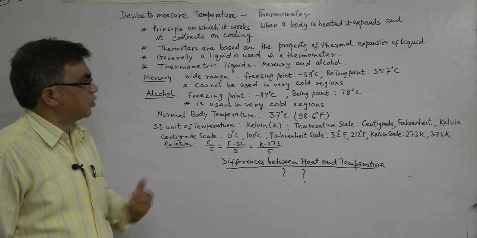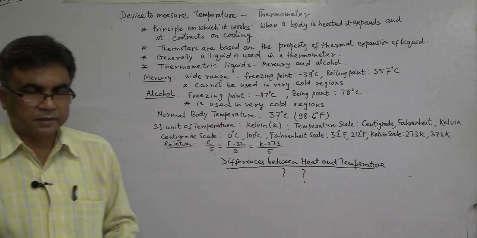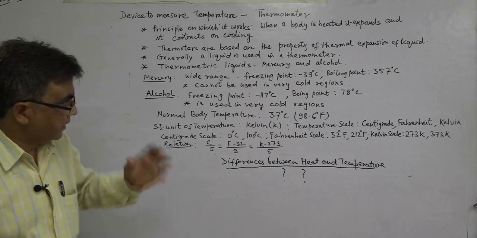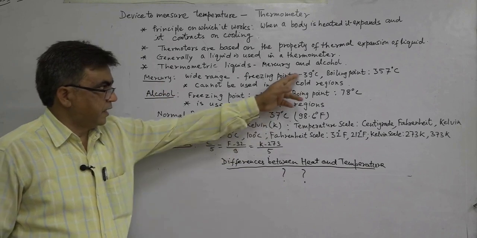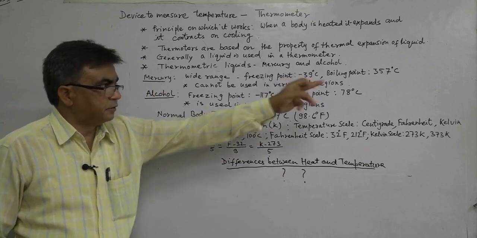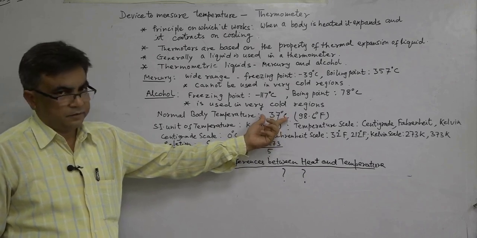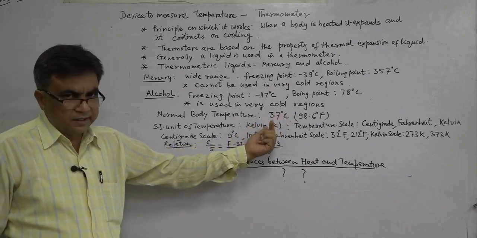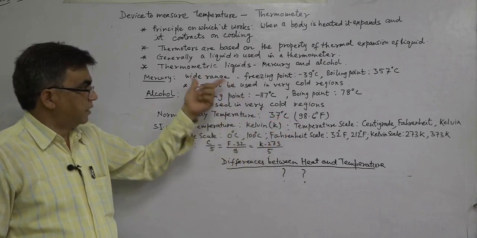Mostly the thermometer used for clinical purpose, the clinical thermometer, uses mercury because it has a range between minus 39 to 357. Our normal body temperature is 37, so it may go 1 or 2 degrees less or more. So here mercury will work.